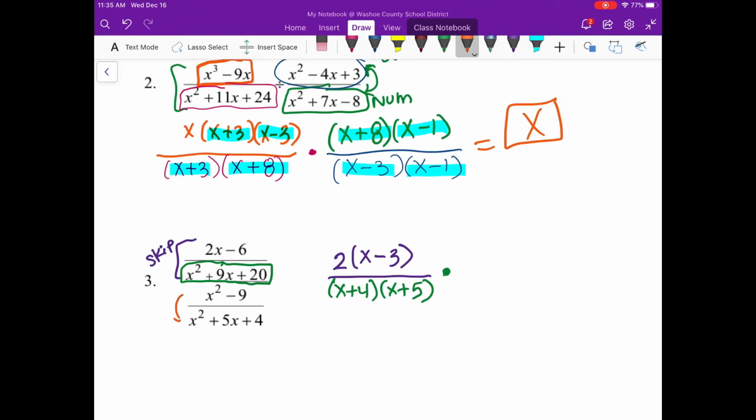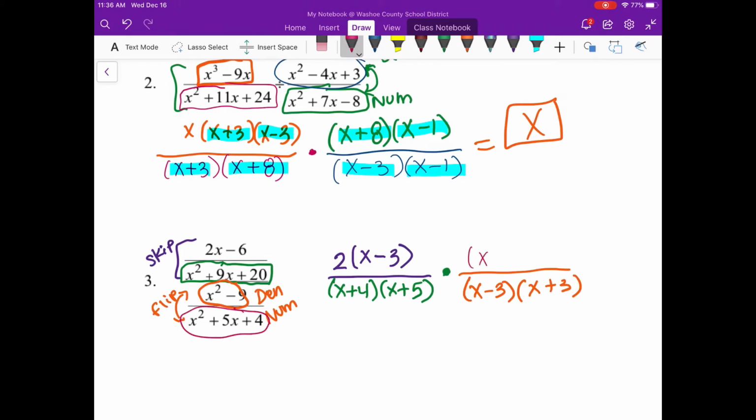Okay, then I know this is going to change into a multiplication problem, and then I'm going to be flipping the second fraction here. So this is going to become your new denominator, and this is going to become your new numerator. The denominator is a difference of squares, meaning it factors to x minus 3, x plus 3. The new numerator, because we're flipping it, factors out to x plus 4 and x plus 1.